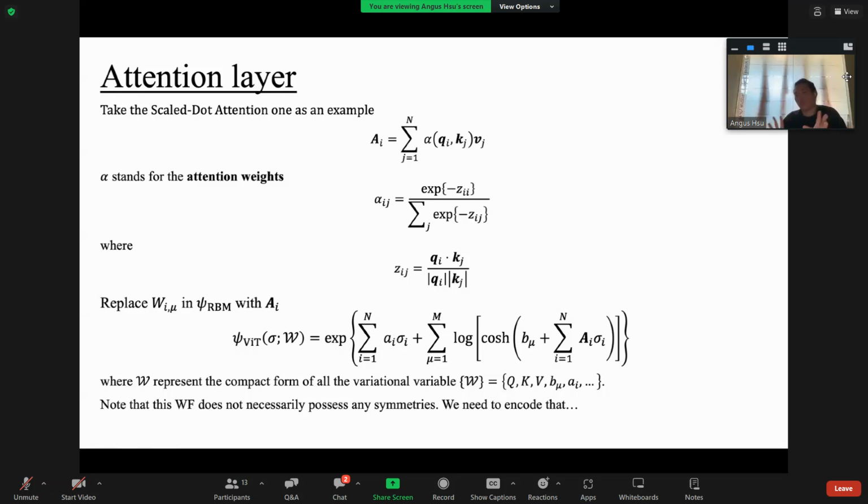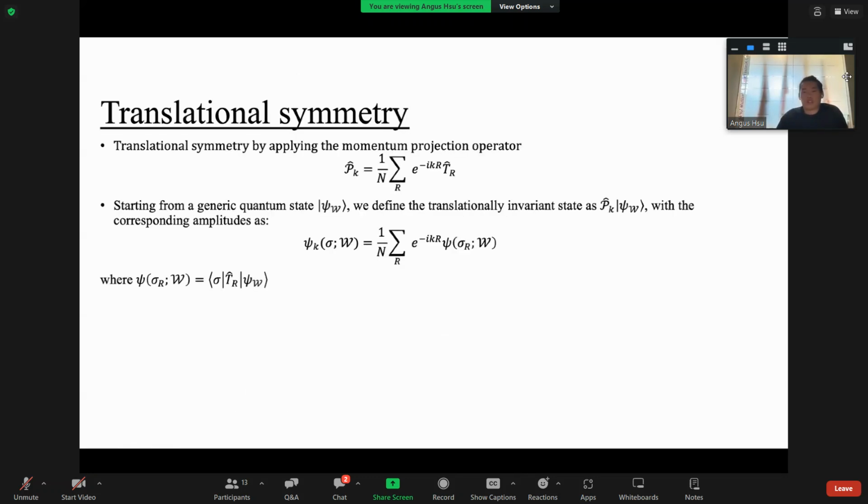But this wave function doesn't include any symmetries, so you have to encode that. The easiest symmetry that this spin chain should preserve is translation symmetry.